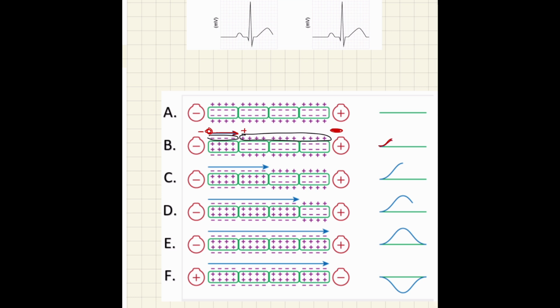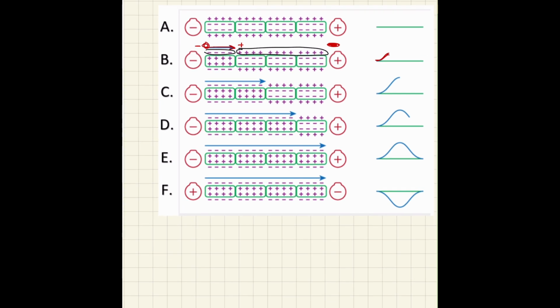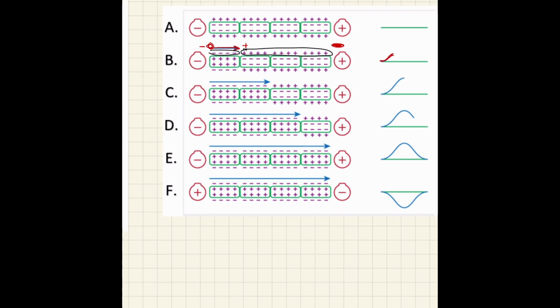So we deflect upwards, and that's one of the rules of ECGs: tail of vector charge going to opposite sensor equals deflect up.